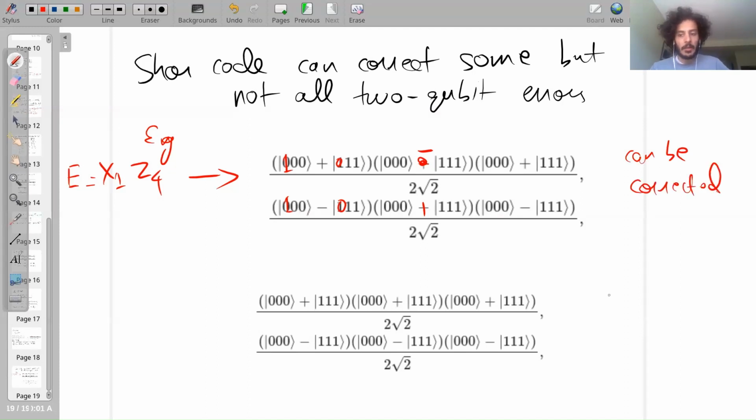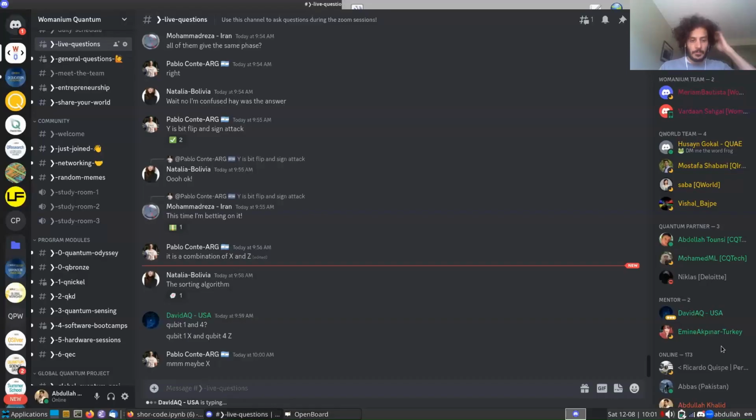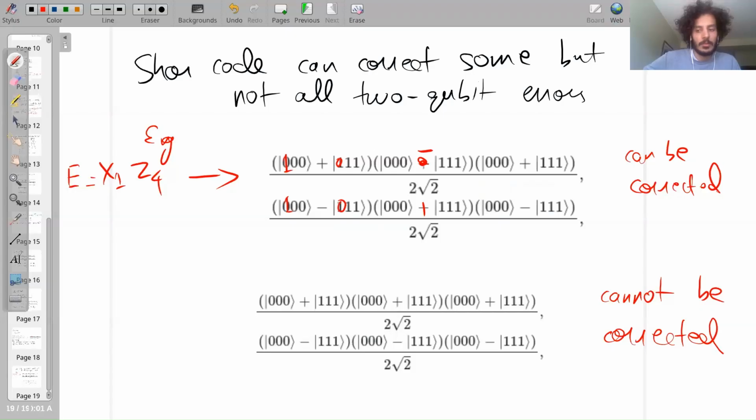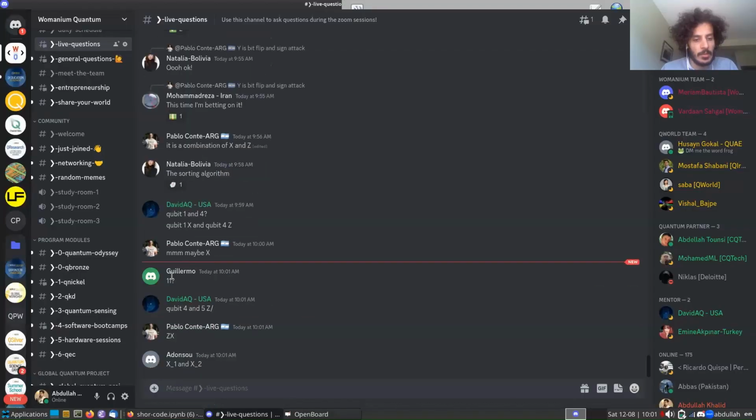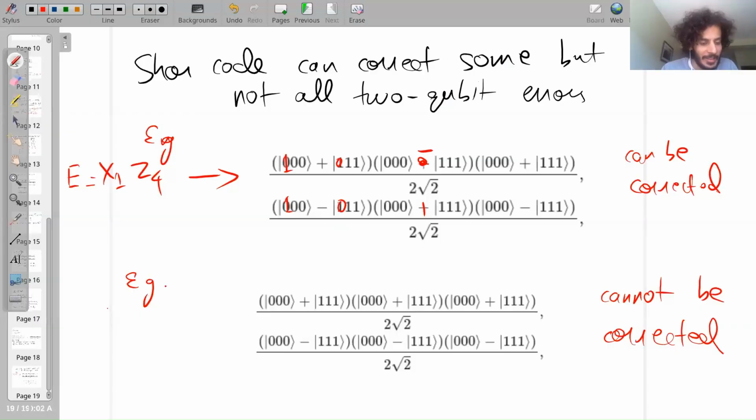Okay, but now I want you to tell me an example of a 2-qubit error that cannot be corrected. Yeah, so Adonso has a great answer.